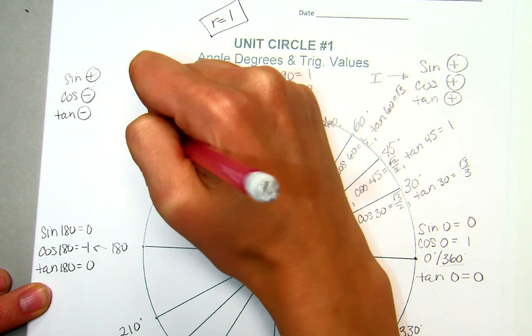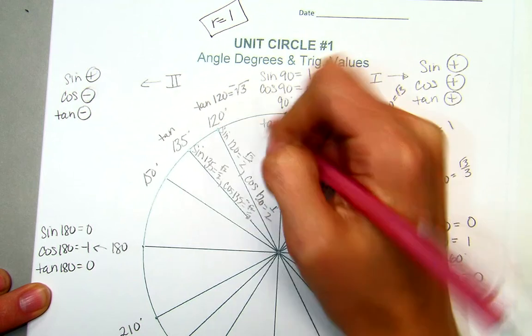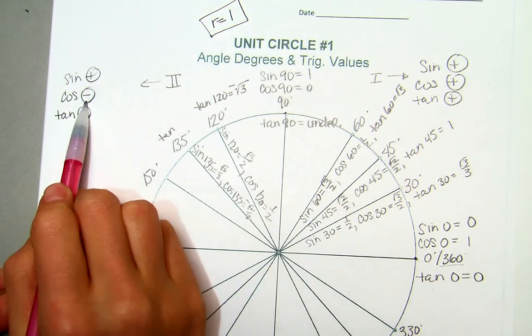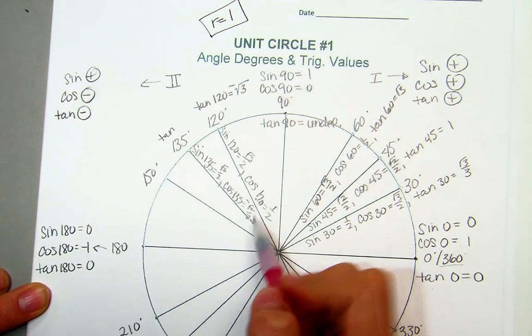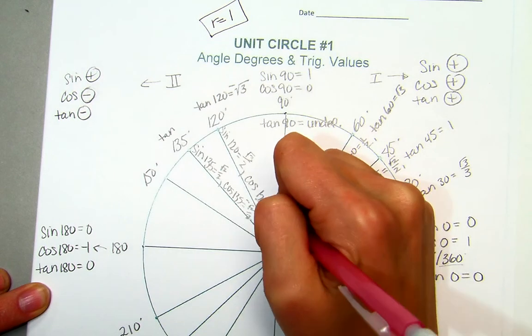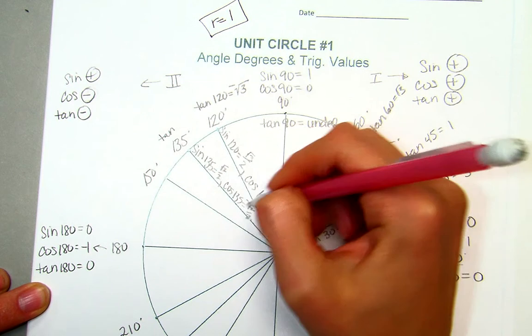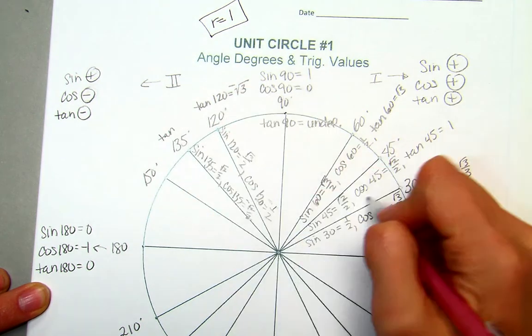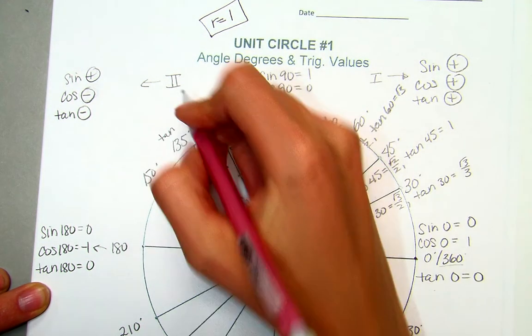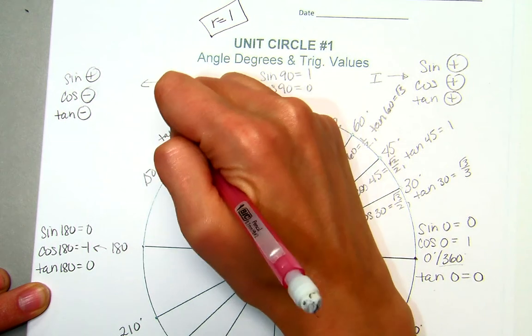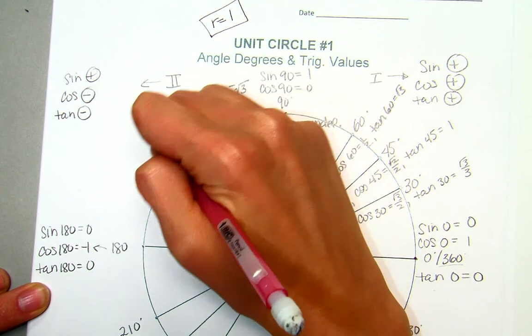And tangent, negative square root of 2 over 2, because cosines are all negative in quadrant 2. So this cosine should actually be negative 1/2. So sines are all positive, cosines are all negative. Tangents, so tangent of 45 is 1, so tangent of 135 is going to be negative 1.